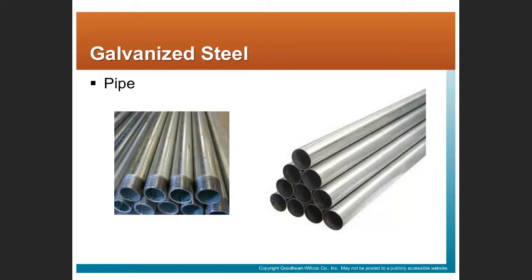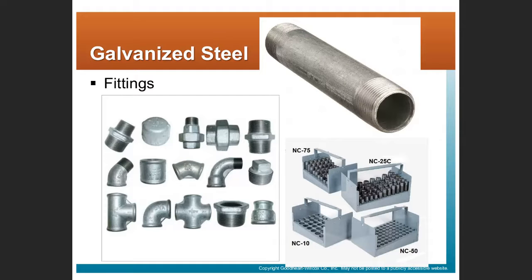Talked about galvanized steel being a plumbing material. Again, galvanizing is putting a zinc coating on the steel to provide some corrosion protection. Galvanized steel is typically joined by threading, right? Threaded connection.